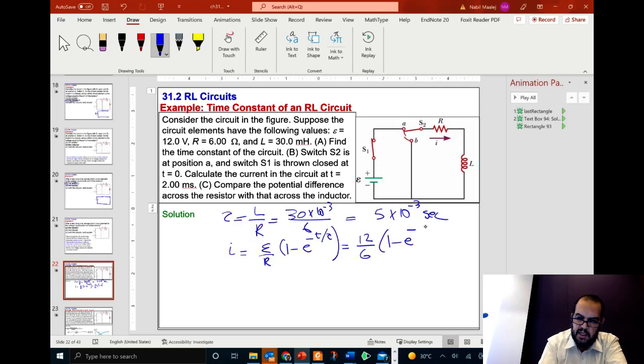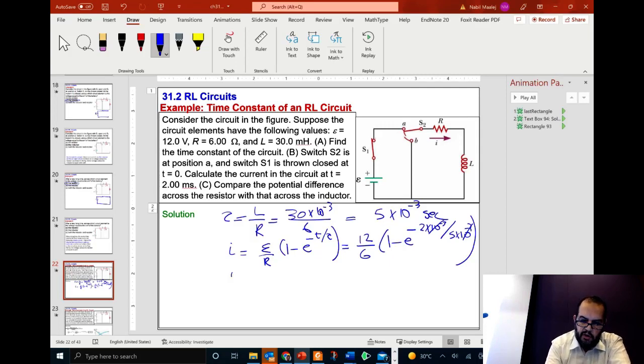So this is 2 times 10 to the minus 3 divided by tau, which is 5 times 10 to the minus 3. So 10 to the minus 3 cancels out, and you can get the current at t equal to 2 milliseconds.